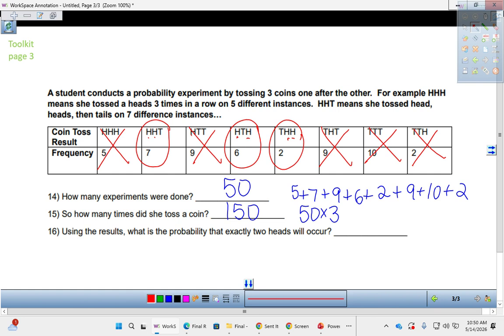You get 15? Out of the total number of experiments, remember, when we added these numbers up, we got 50. So 15 divided by 50 is 3/10. I just think that table's kind of confusing to read with the H's and T's.